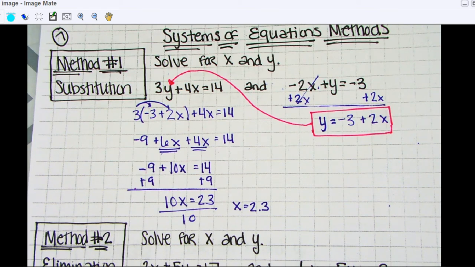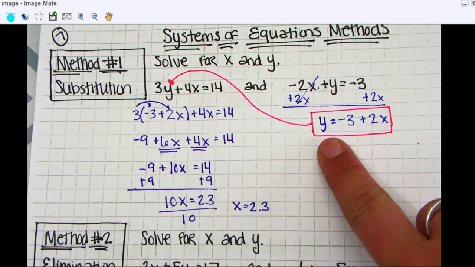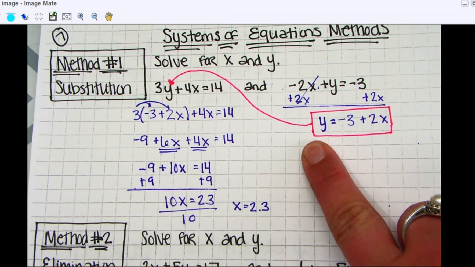So you can write it as a fraction, you can leave it as 23 over 10, or you can leave it as 2.3. So now that we've solved for x, which equation should we plug into now? Yeah. So we can plug it into either equation that you want to. I personally would plug it in right here because y is already by itself, which is what we were trying to solve for anyway.